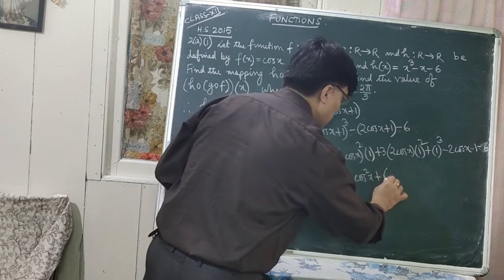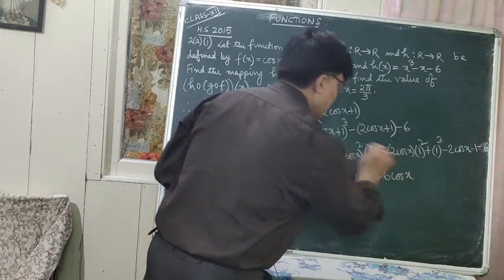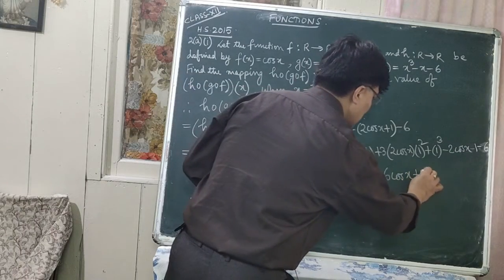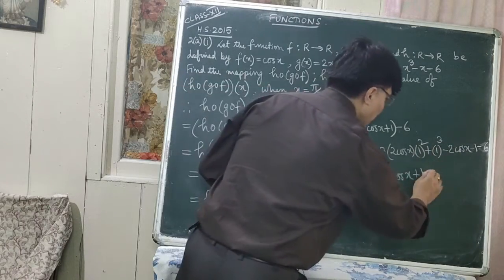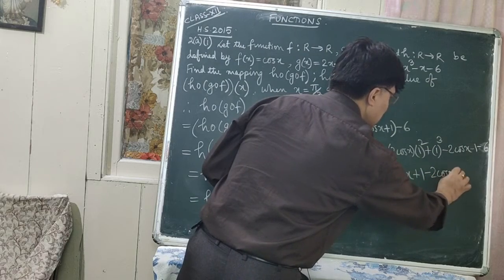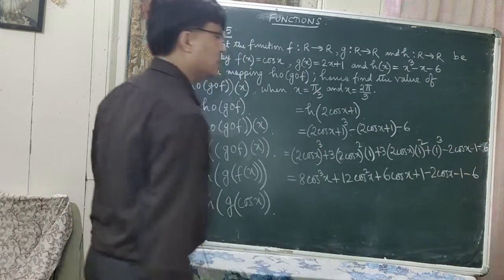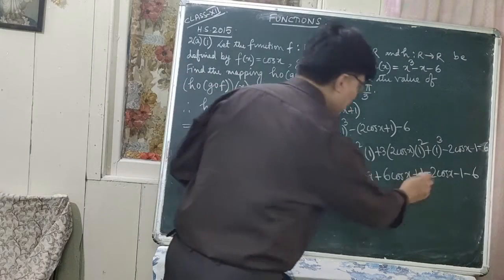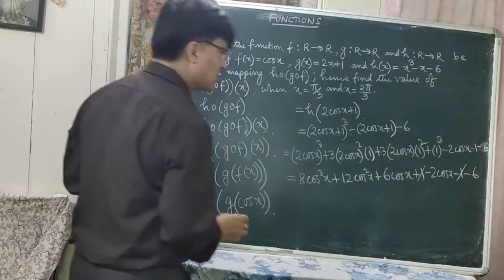What did we get now? It is 6 cos x. Then write down, this is plus 1 minus 2 cos x minus 1 minus 6. Okay? Next, you can cancel this, plus 1 minus 1 gets cancelled.